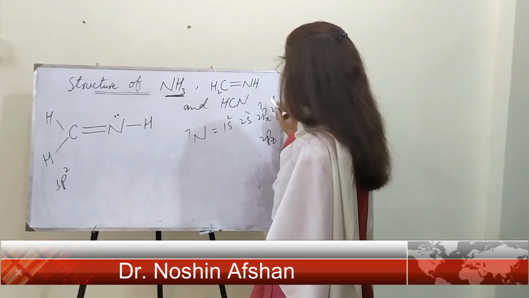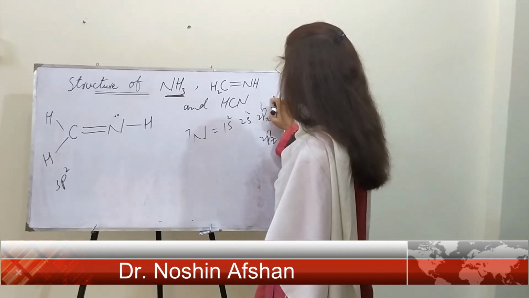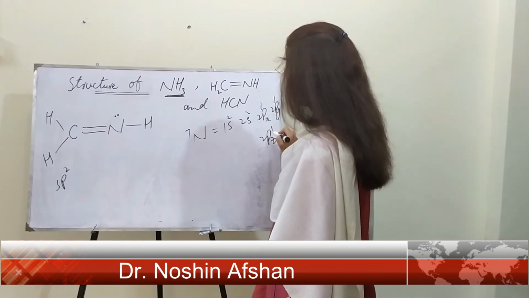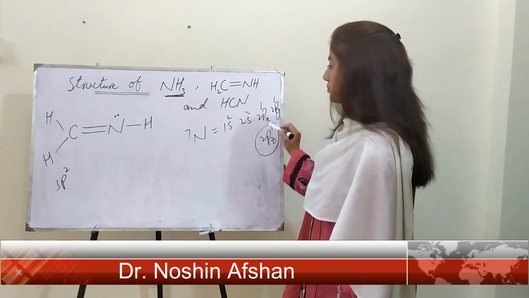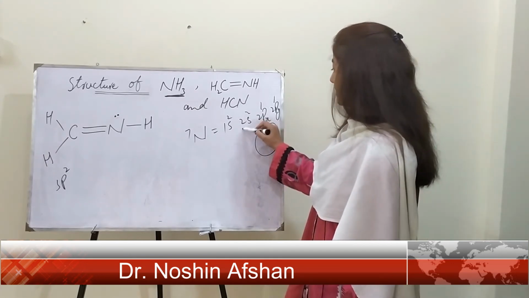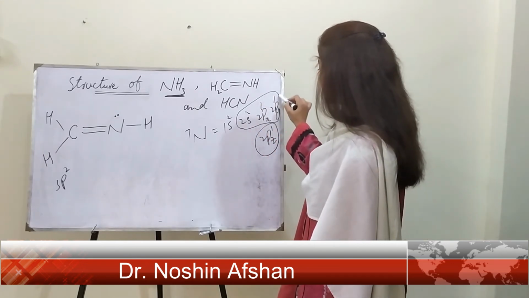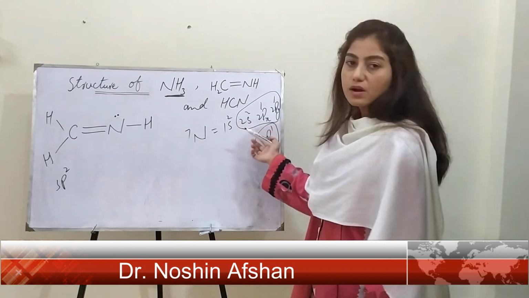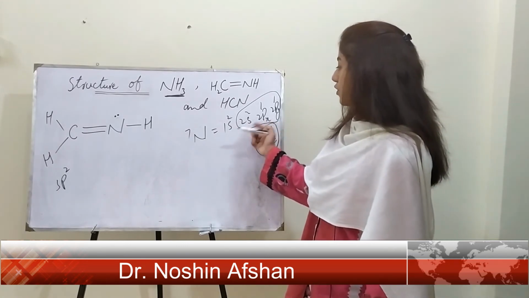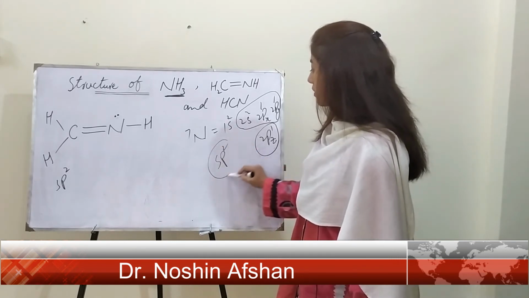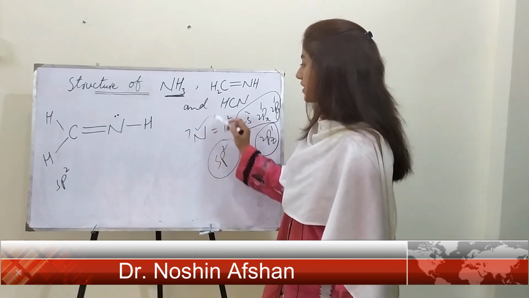So both of these have 1 electron. So in this way this 2pz orbital would be unhybridized, and these 2s, 2px and 2py atomic orbitals would hybridize to form sp2 hybrid orbitals in the case of nitrogen.